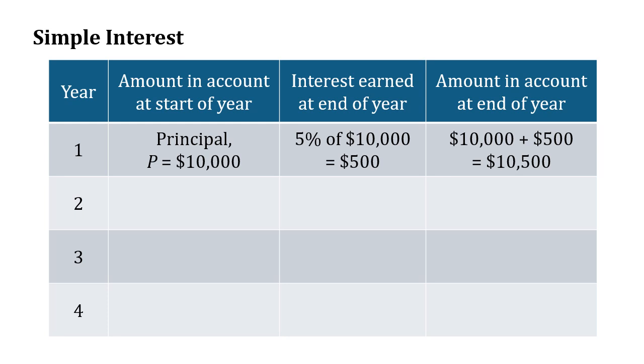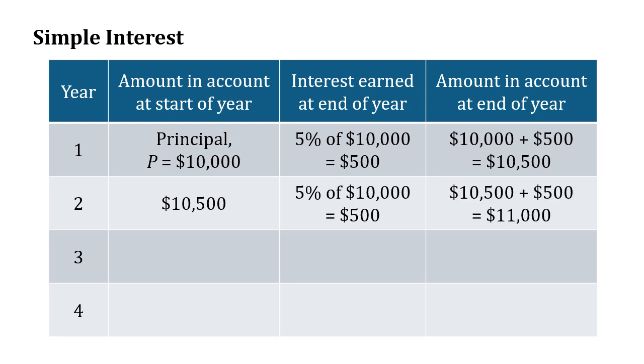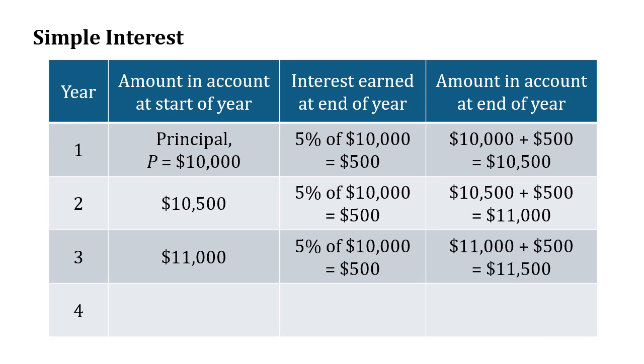This carries over to the start of the following year, and at the end of the following year, another 5% of the principal is earned, and at the end of the year, the total is $11,000. Again, this carries over to the third year, earning an interest of $500 again at the end of the third year, with a total of $11,500.